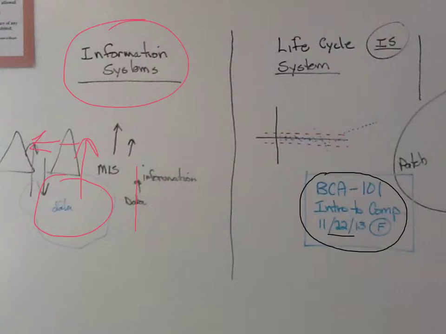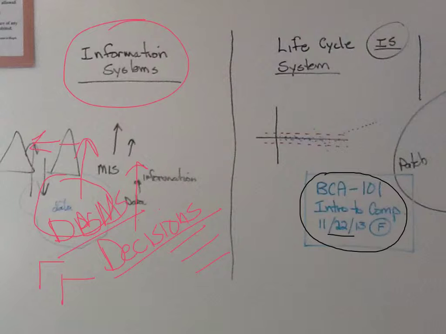The data becomes information, allows people at different levels of information to make decisions. And we talked about structured decisions, semi-structured, non-structured. Here we talked about database management systems. All those. We use the example of relational database.